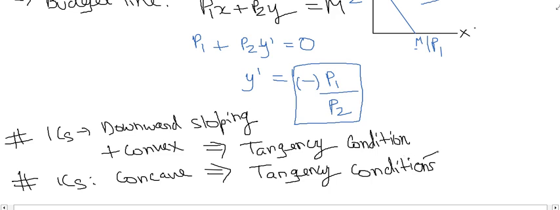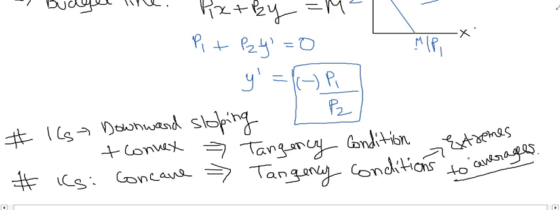But for now, you can just write here that in concave functions, we prefer extremes to averages. This is the primary reason for it. This is a star point, so do take care of that.